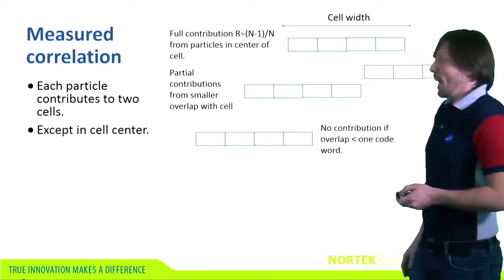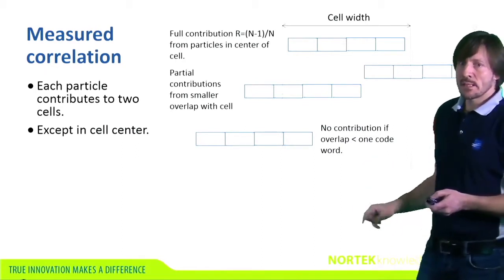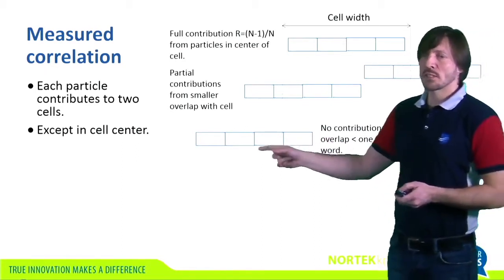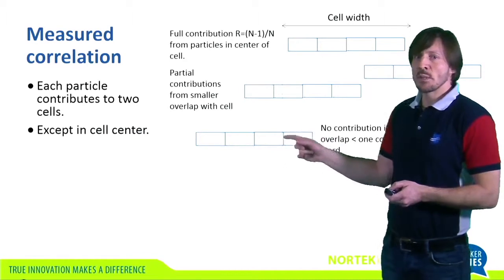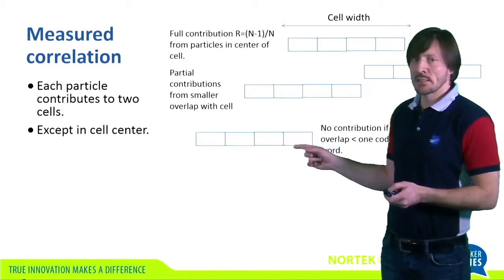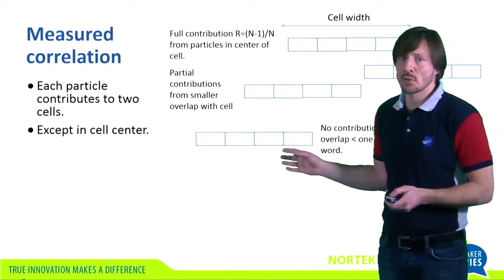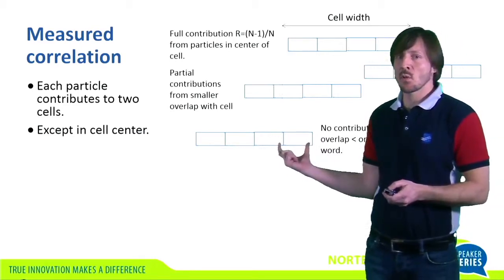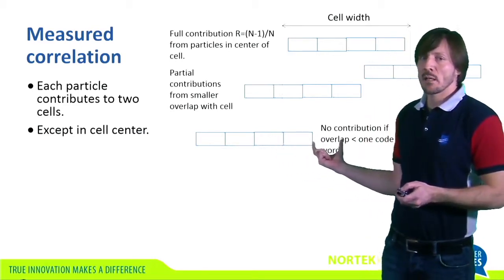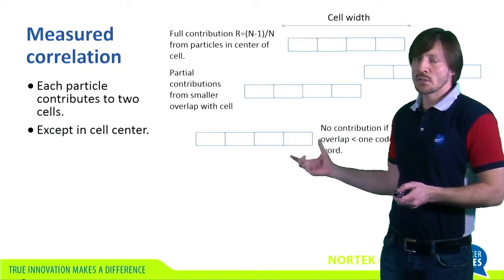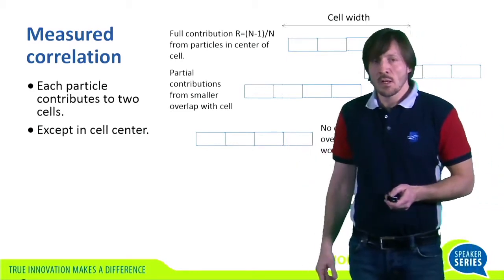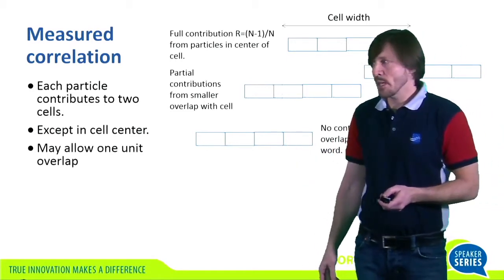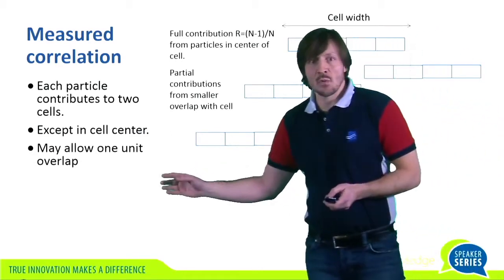And I think one point that we should make is that once the overlap with the cell gets to be 1 chirp or less, it's not going to contribute anything to the correlation. That's because if I shift this one over now by 1 time lag, there's no overlap, there's no comparison, so there's 0 correlation, right?